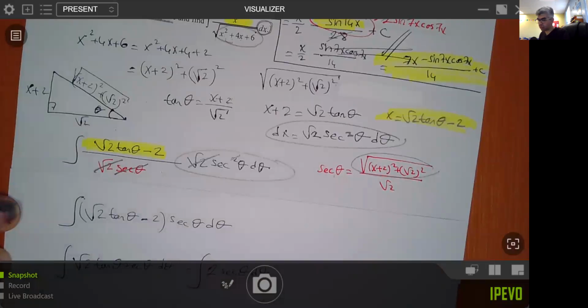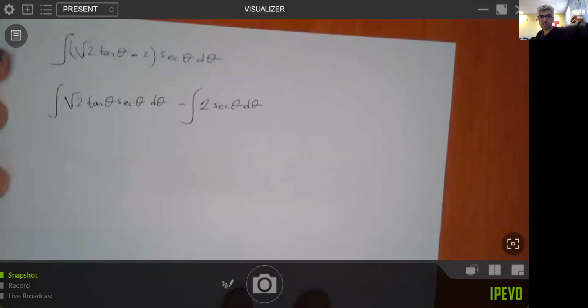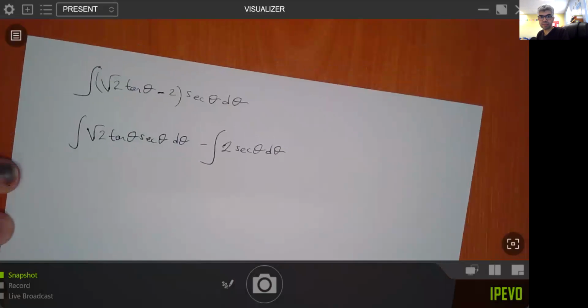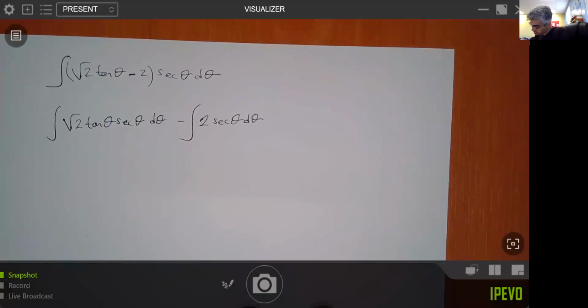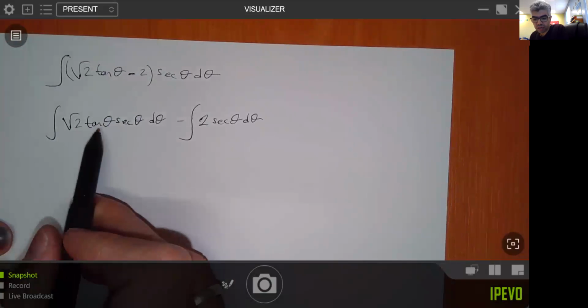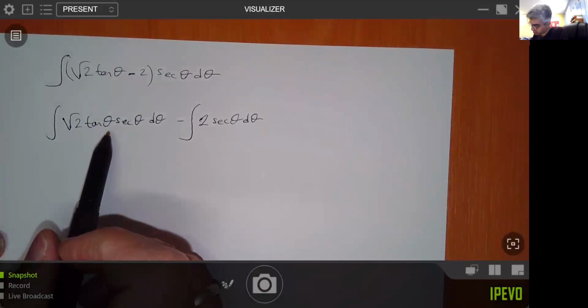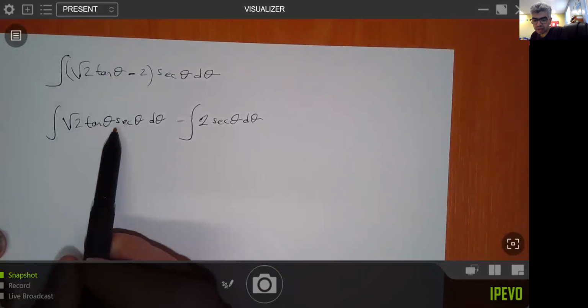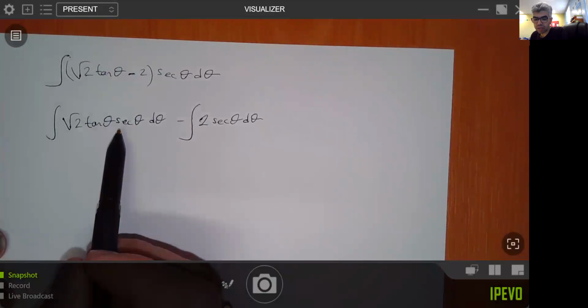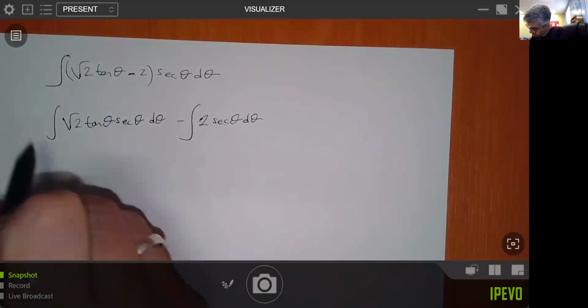So we have now two integrals. Clear, guys? So we have this one. And from here, now what we have here? Tangent theta, secant theta. What was the formula for this, guys? What was the integral of this? Do you remember?